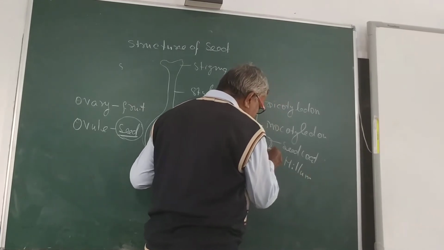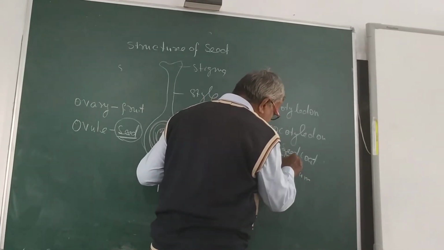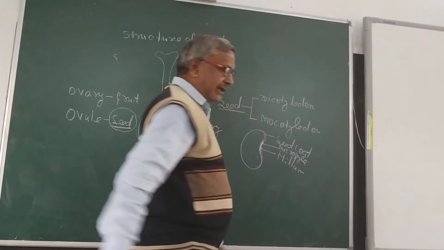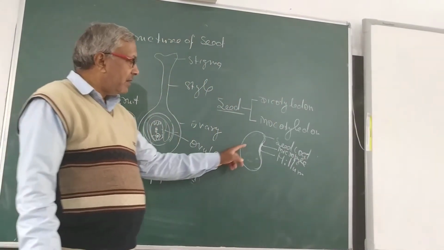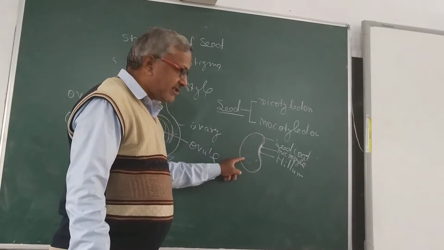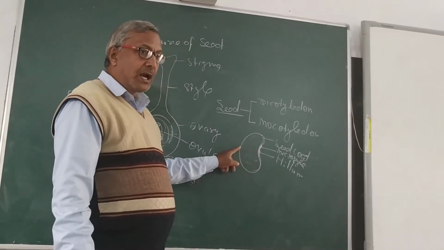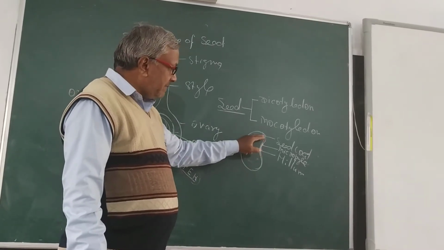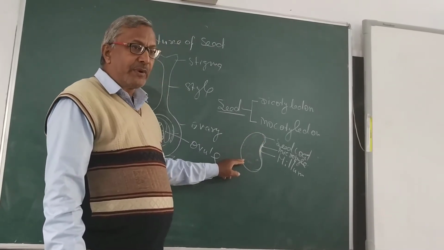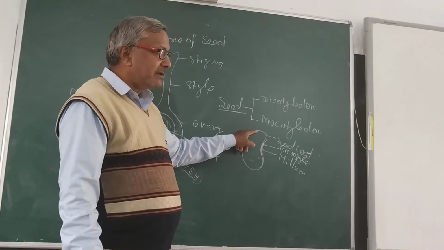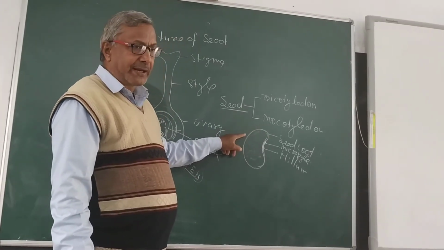There is a small opening, that is micropyle. If you are taking the seed of bean, you will find it is kidney shaped. One side is concave, other is convex. It is protected by a hard covering. When the seed is dry, this covering is too hard that it is difficult to break.